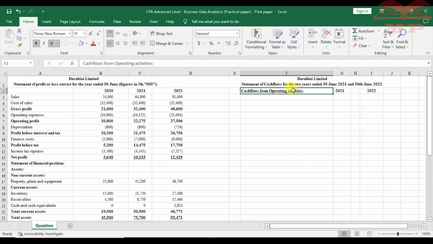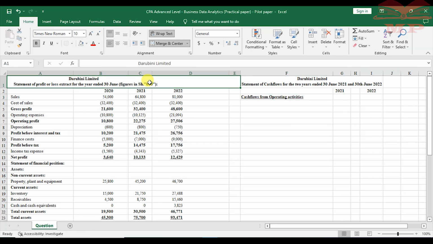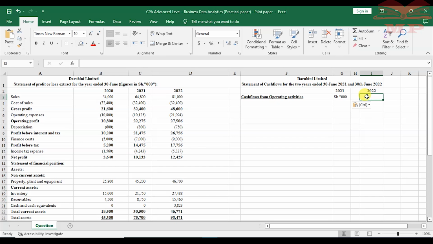Perhaps this could be here, this way, so that I bring the currencies for those respective years that way. This one can also be made bold. Then our cash flows from operating activities.